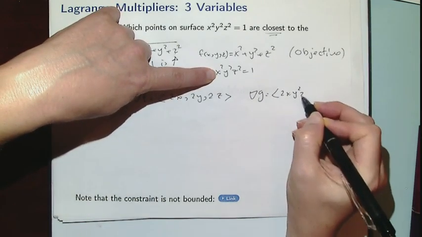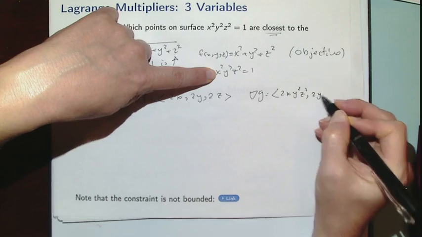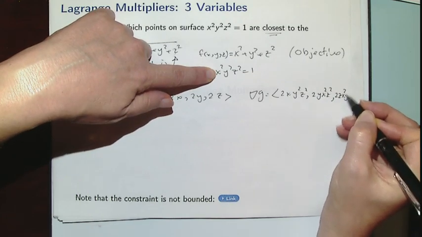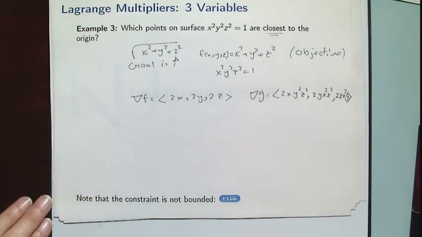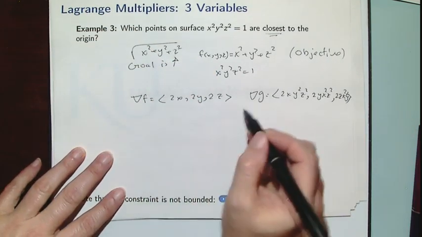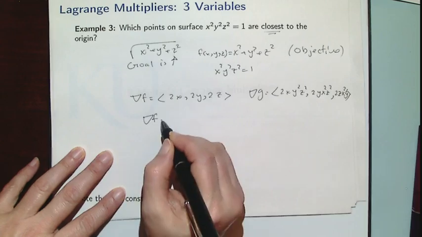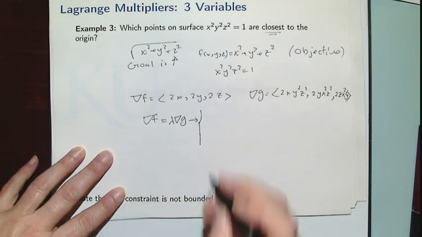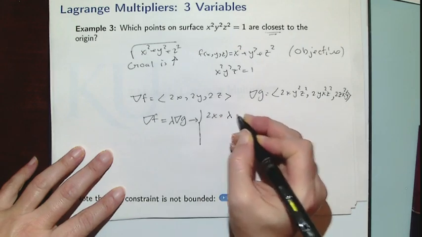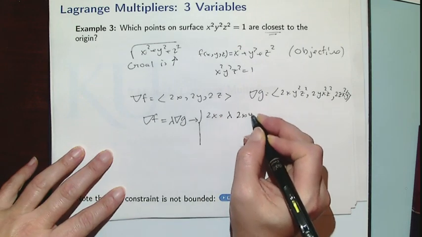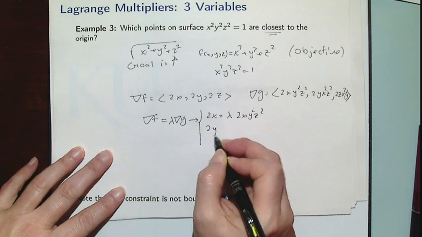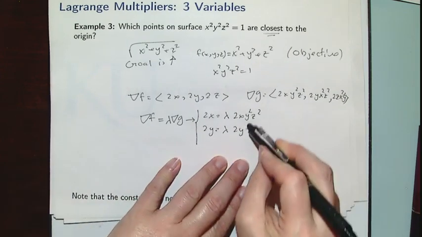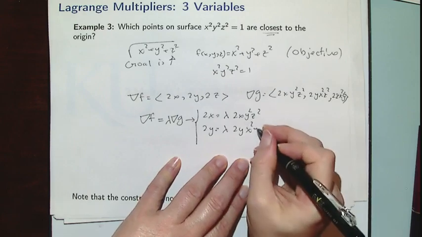Setting this equal to lambda gradient of g gives me 3 equations: 2x equals lambda times the x-component of the gradient of g, 2y equals lambda times the y-component, and 2z equals lambda times the z-component.